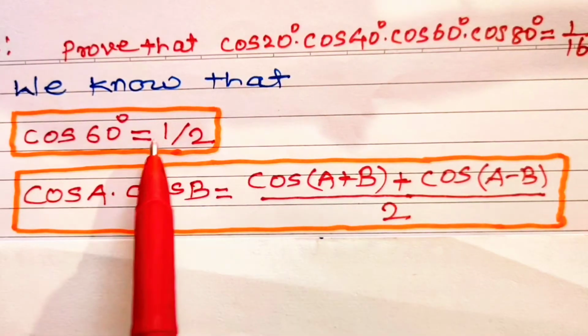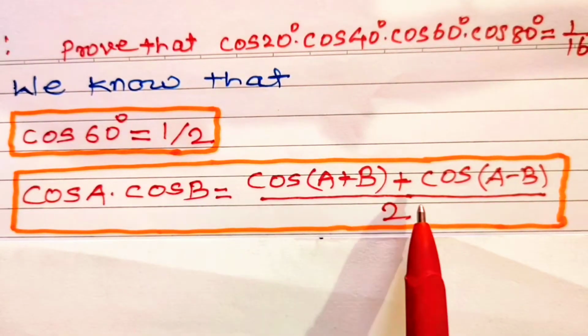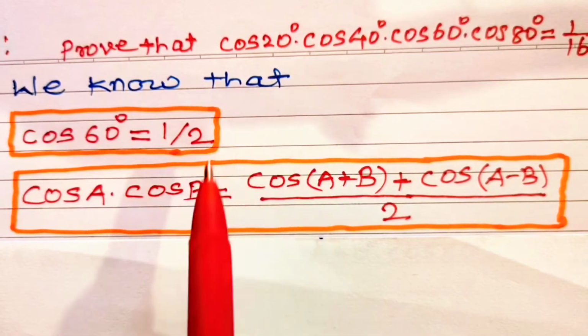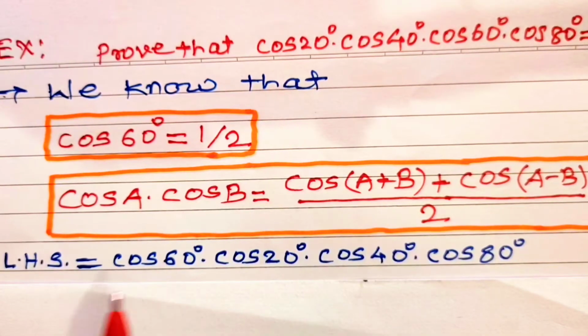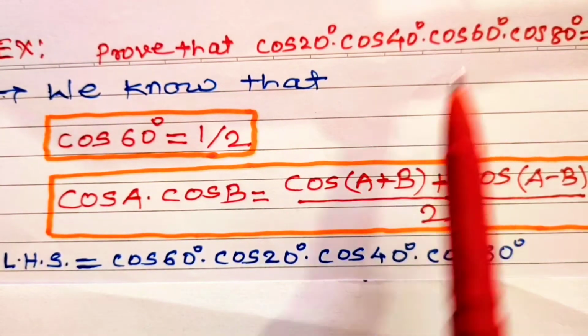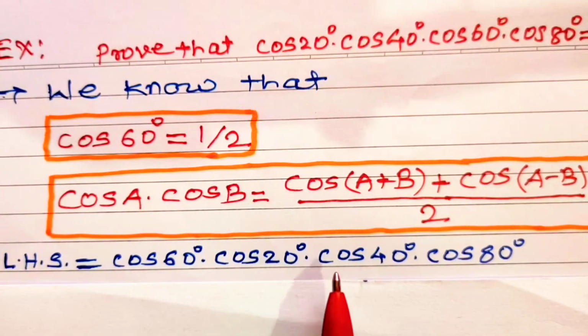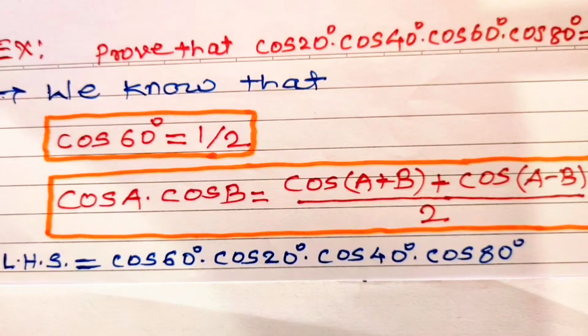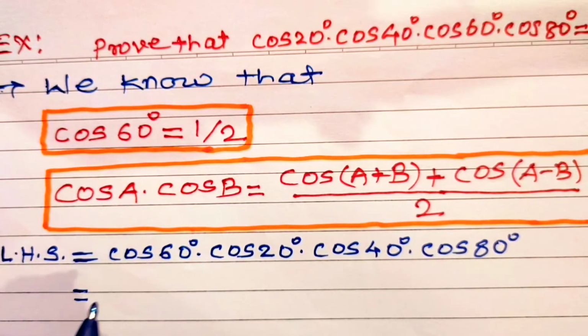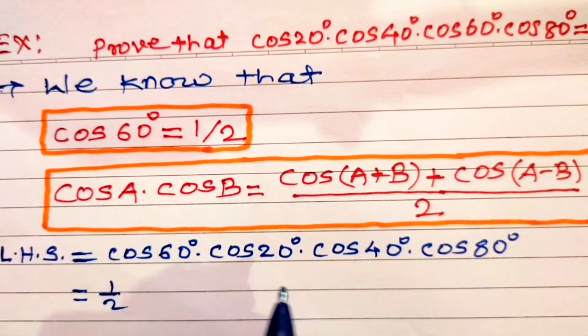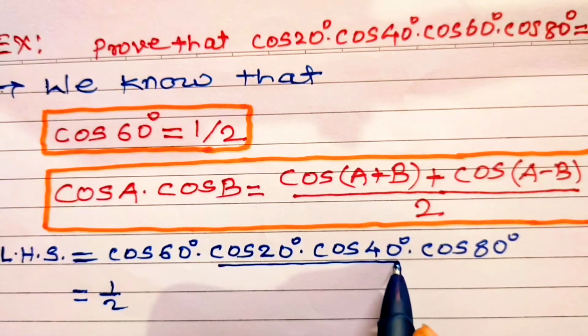Okay, let us put this value, and using this formula the left hand side of the given statement becomes like this. Rewriting, cos 60 degree is taken first, and of the remaining cosine functions we have taken cos 20, cos 40, cos 80 in this order. Let us solve this sum. Hence this is equal to cos 60 is half, then cos 20 into cos 40.